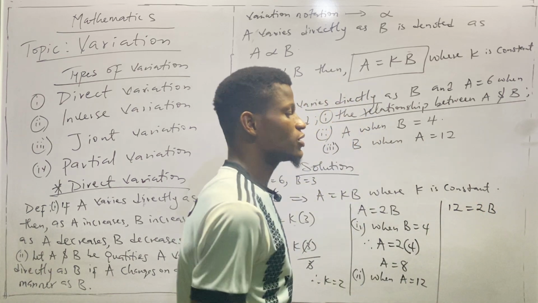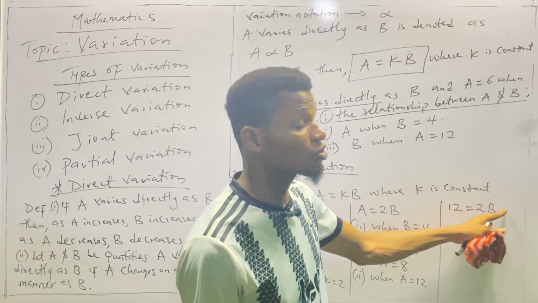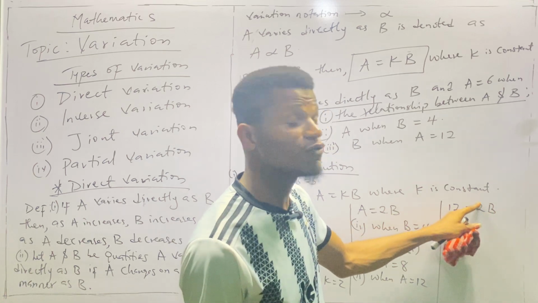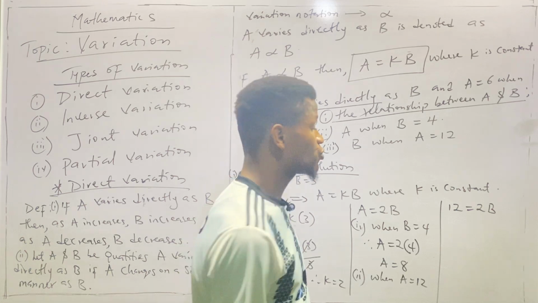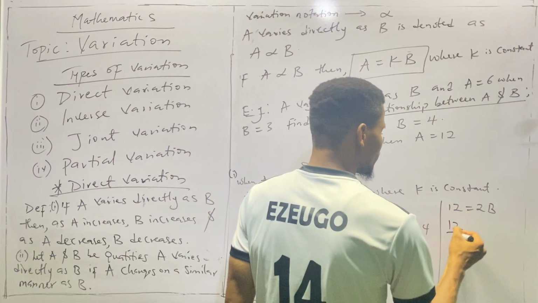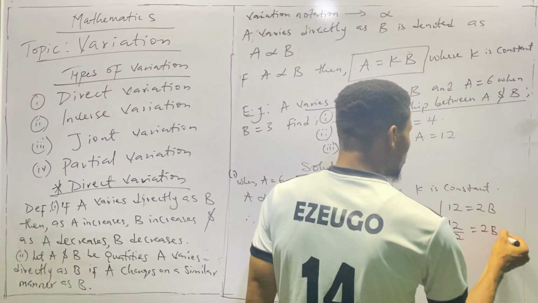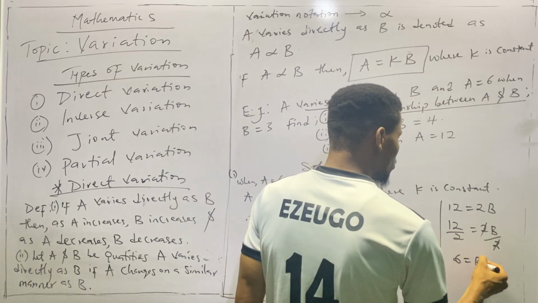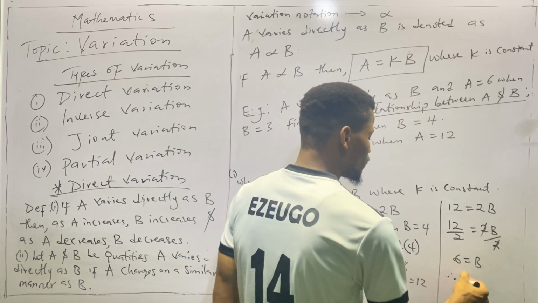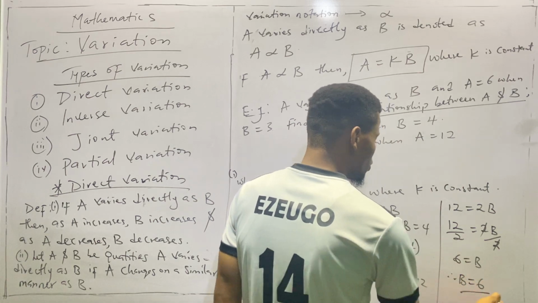So at this point, 2 is multiplying B. So we'll make B the subject. And how to make B the subject? By removing 2. How do you remove 2? We divide by 2. So this is an equation. We divide both sides by 2. So we now have that 12 divided by 2 is equals to 2B over 2. So 2 cancels 2. 12 over 2 is what? 6. So our B is equals to 6. So therefore, B is equals to 6.